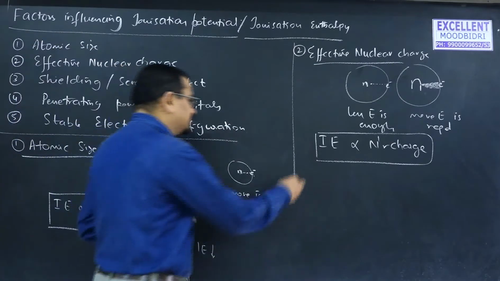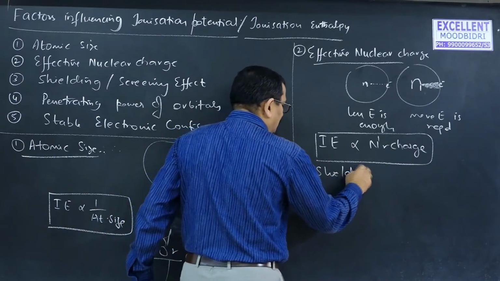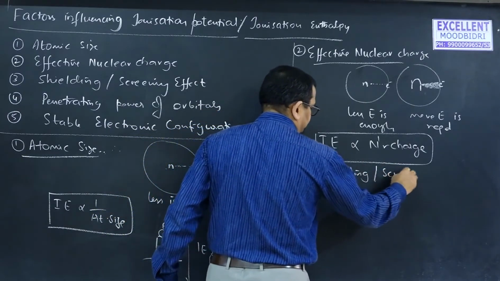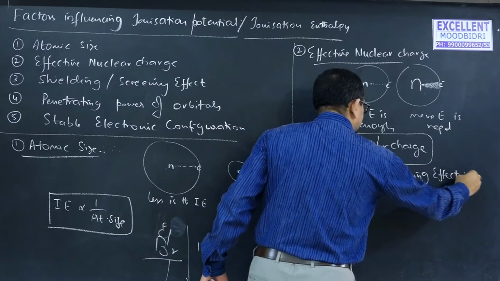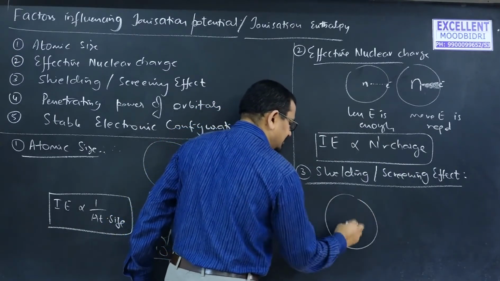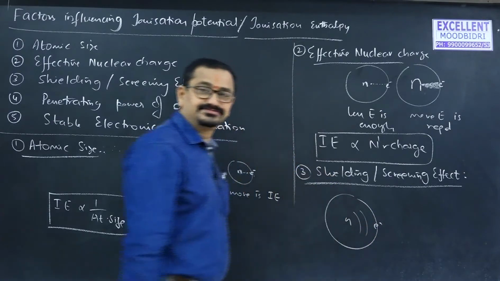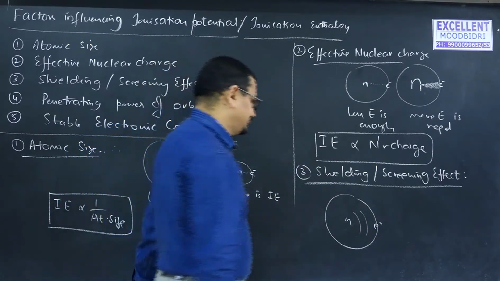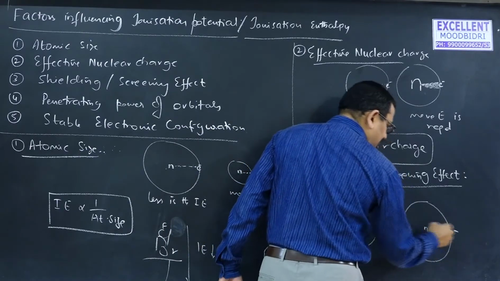When it comes to the third factor, that is shielding or screening effect. Consider an atom in which only two shells are there between nucleus and electron. In another atom, suppose there are four shells between nucleus and electron.